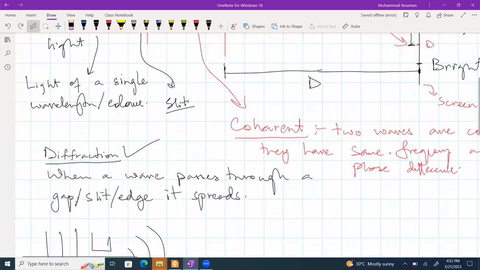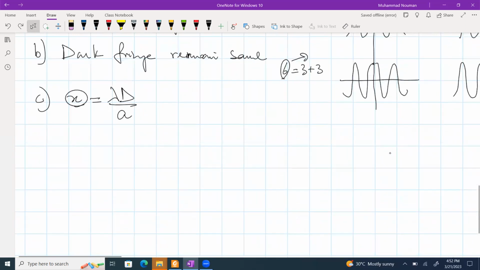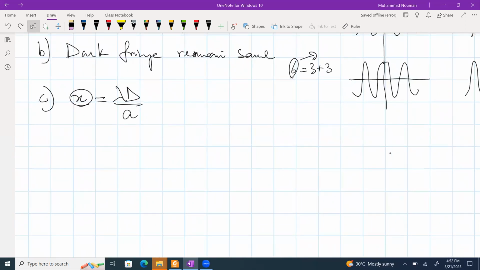If we don't make any changes in all the factors on which x depends, it means x would also remain same, right? Yes. Okay, so we can say that lambda, d, and a all are same, so x remains same.